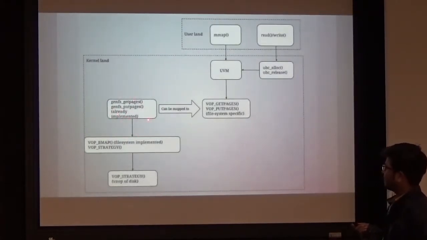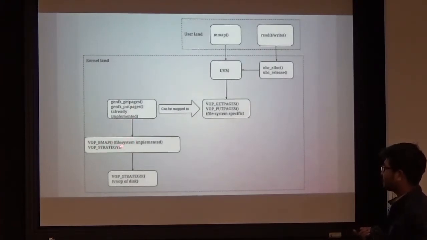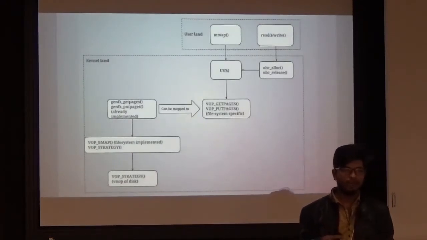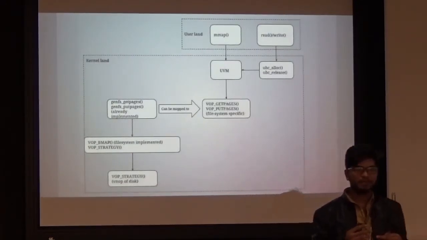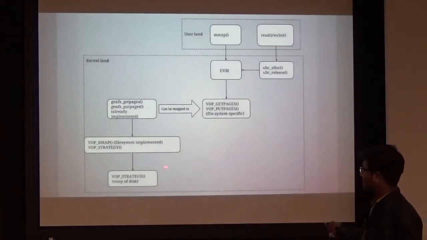So here the kernel has implemented the generic functionality, but it invokes VOP bmap and VOP strategy functions for getting the actual mapping from the logical block number to the physical block number.